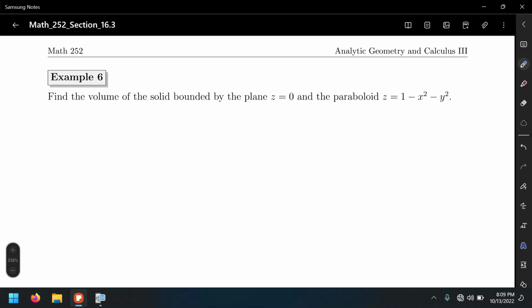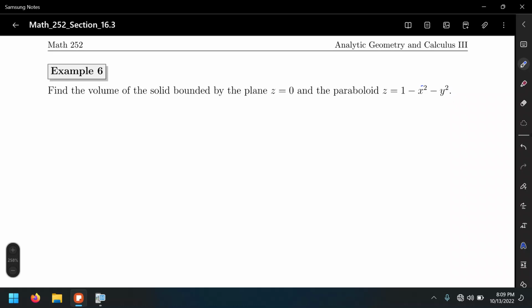Well, this paraboloid is going to be opening upside down, and we can tell by the signs of the quadratic terms, analogous to what we see in two dimensions. For example, 1 minus x squared is basically an upside down parabola. So in 3D, it would be an upside down paraboloid.